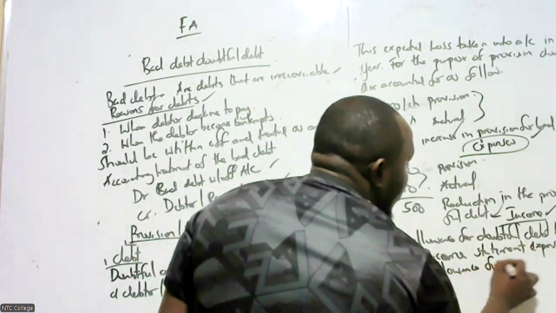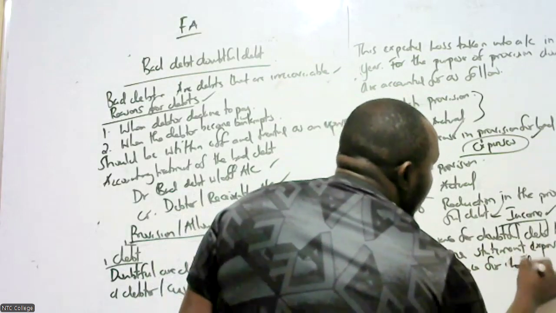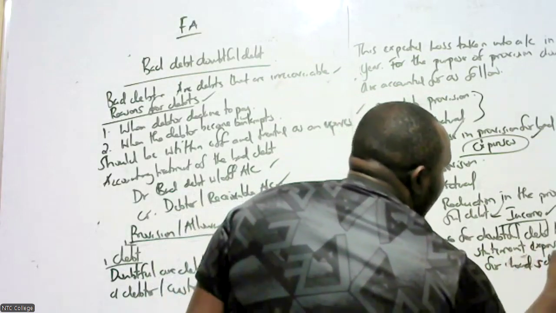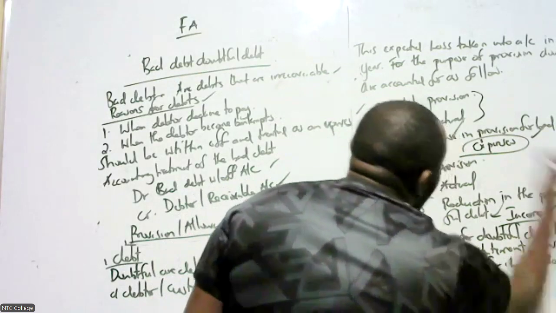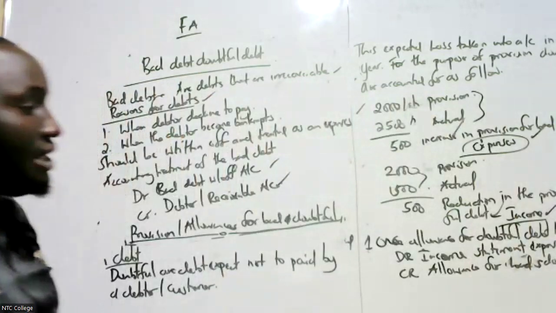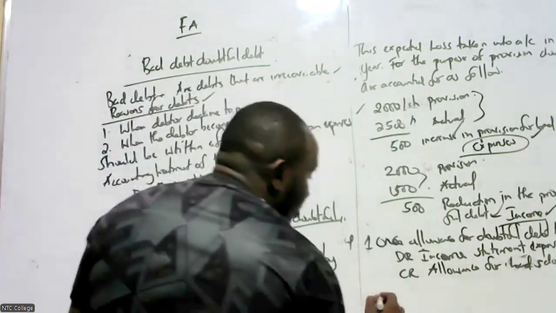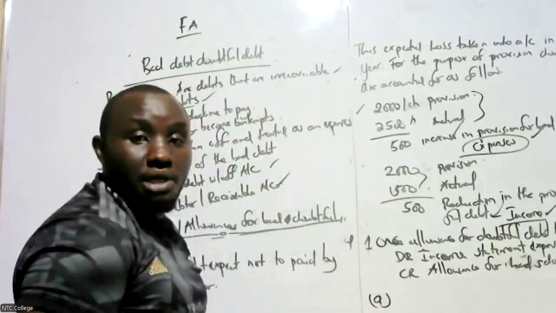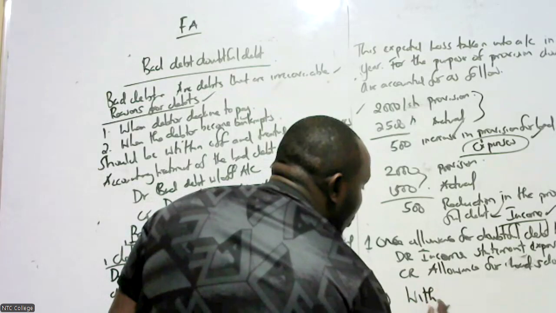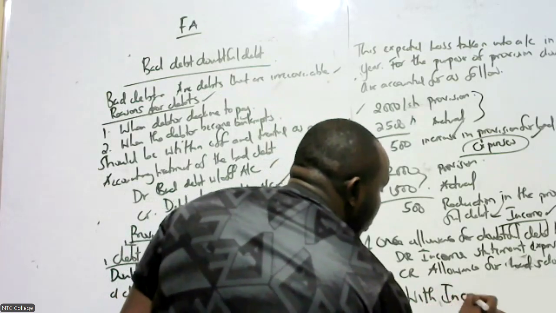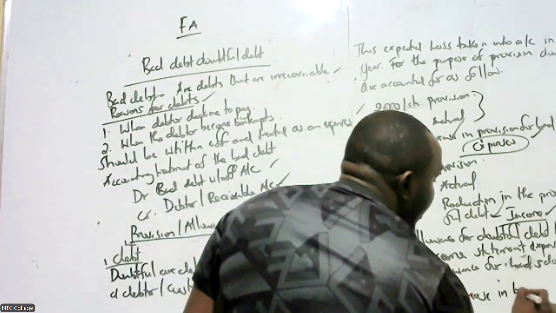Allowance for bad and doubtful debt. So we present the two scenarios, one where that account has been credited. We call it A, with an increase in bad and doubtful debt. I hope you're able to see that.